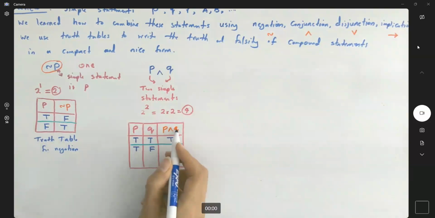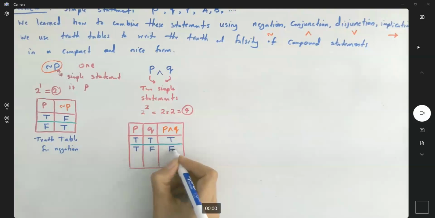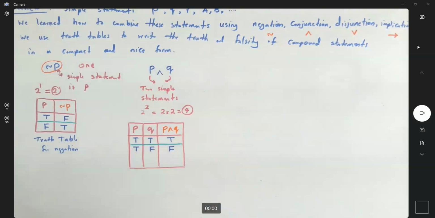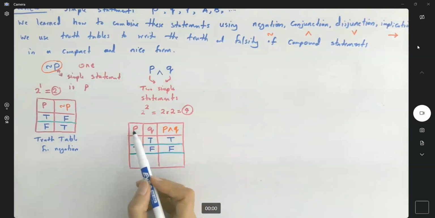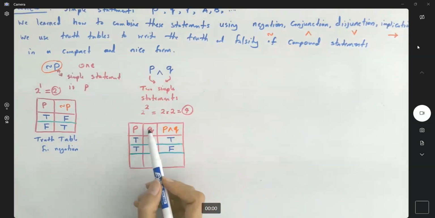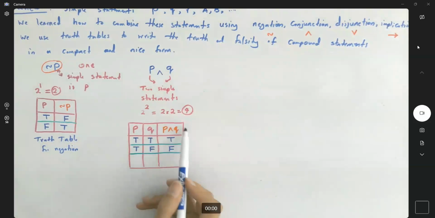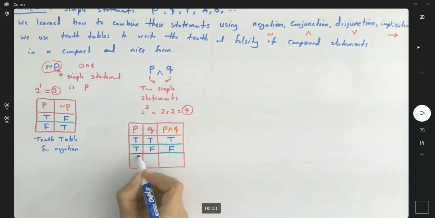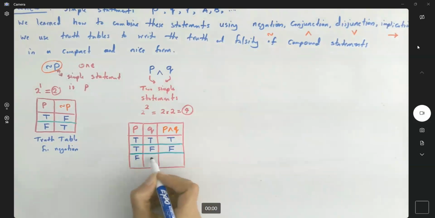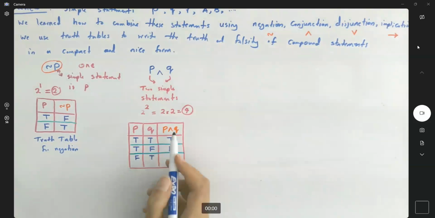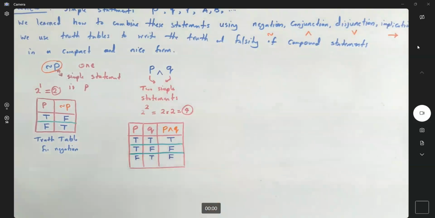True and false in logic is always false. Next combination: what if my first statement is false and my second statement is true? Logic says false and true is also false.